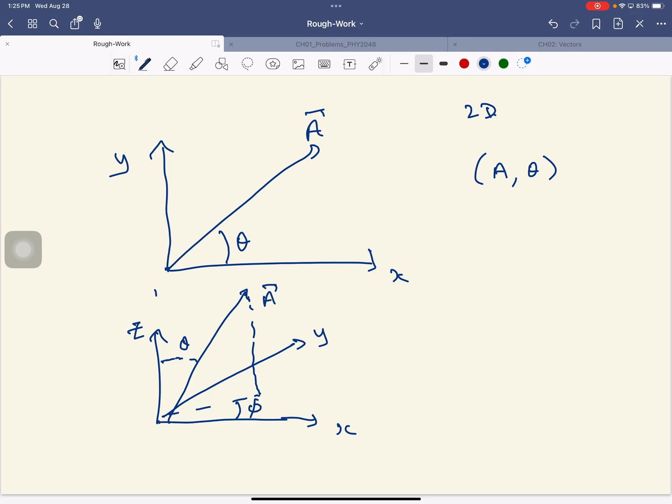Mathematicians do it slightly differently, but here are the 3 numbers that the physicists choose. So like I said, 1 for the magnitude and n minus 1 for the directions.